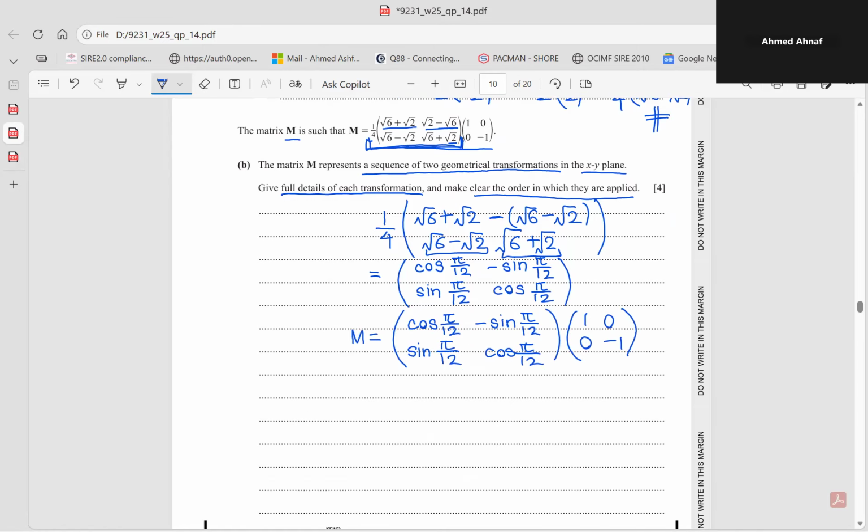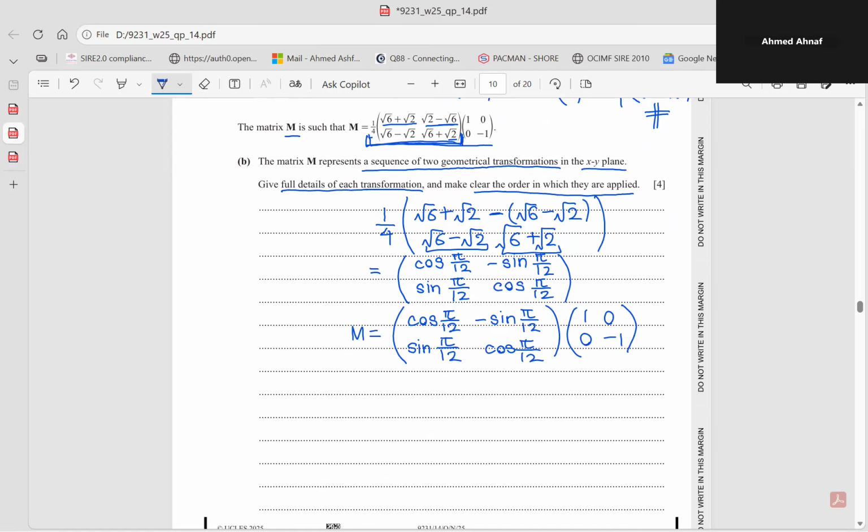So these are the two matrices that look like geometrical transformations. The order is actually from the right first, followed by the left. So this is the first transformation that was applied. So how do we know what this transformation is?